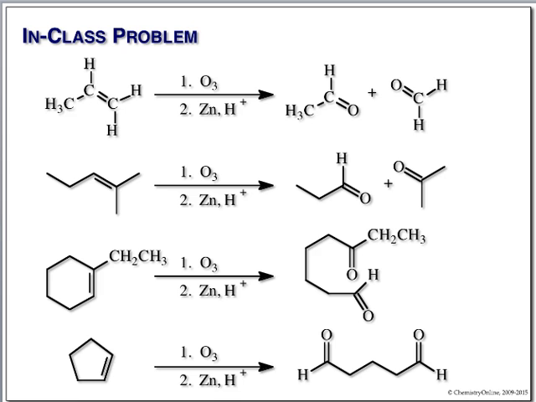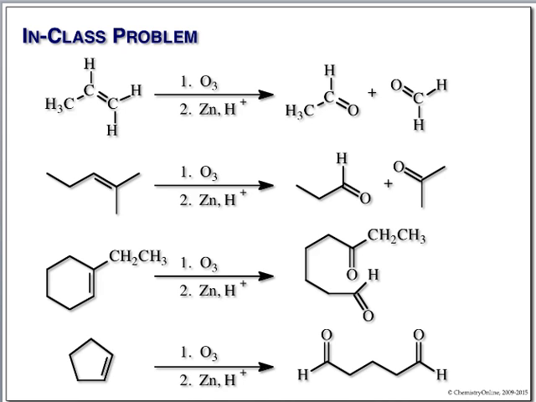Now the neat thing about ozonolysis is that you can make aldehydes. Aldehydes are useful molecules when you do synthesis, but they're difficult to make because they're easily oxidized. They're easily converted to carboxylic acids, very easily.